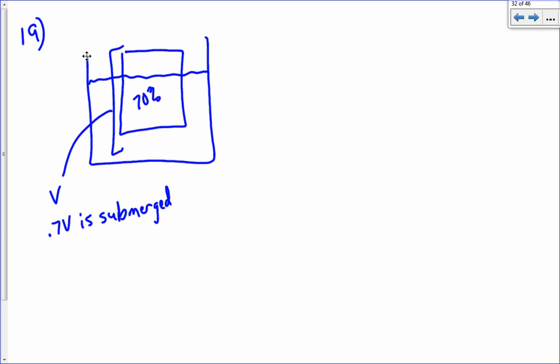All right. I know a couple of things. I know that the weight of the block is a certain amount. And I also know that because this is bobbing, it's not sinking, it's just sort of floating there, that I have a buoyant force. And that buoyant force is going to equal the weight of the block.